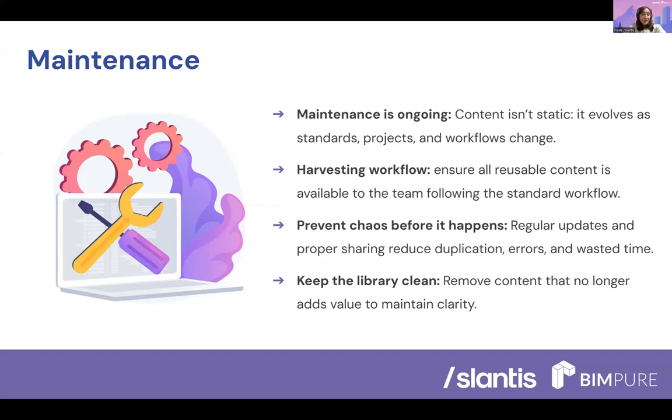Then prevent chaos before it happens, so regular updates. This prevents duplication, errors, wasted time, a lot of the things we talked about before. Keep the library clean, so remove the content that no longer adds value, or maybe you create a new one that is better, make sure that the old one is deleted, all of that.